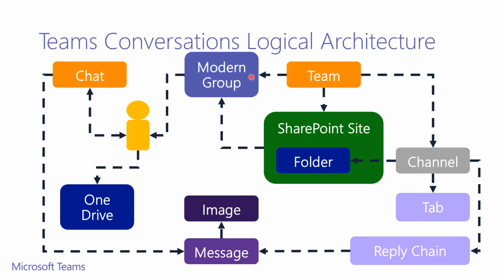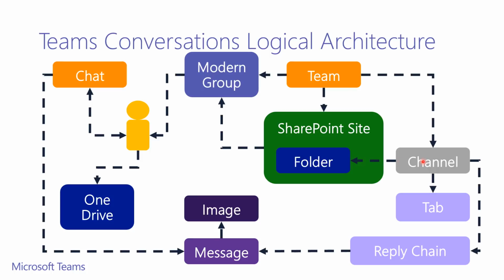In addition, as we create a team, we will also provision a SharePoint site. The SharePoint site maintains a repository for not only content such as news and things of that nature, but also hierarchical folder structure content. This type of content can be aligned to the channels that we create inside of our team.